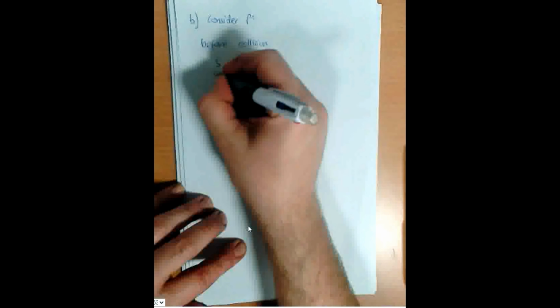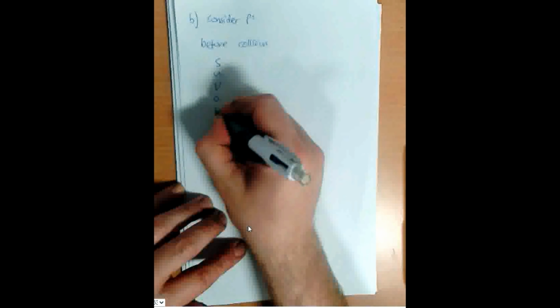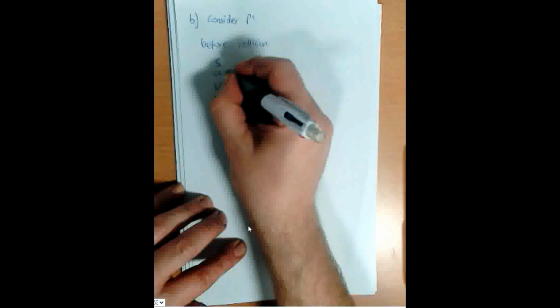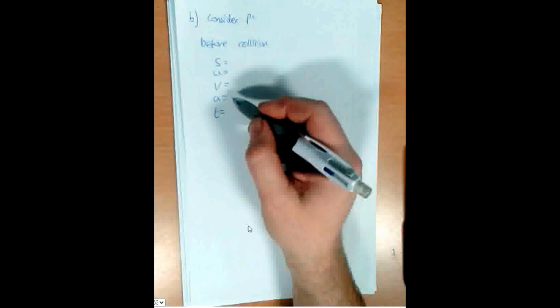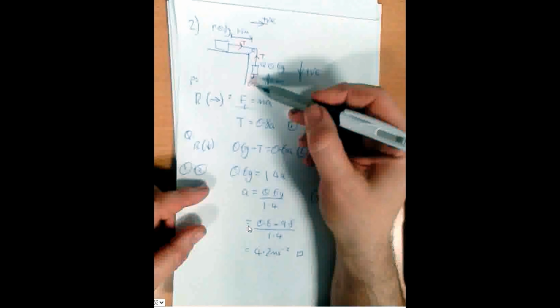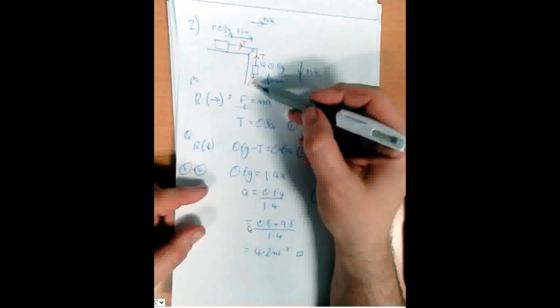Before collision, what I need is the velocity that P is travelling at the point when Q hits the floor, and I'm going to use that velocity for the initial velocity after Q hits the floor.